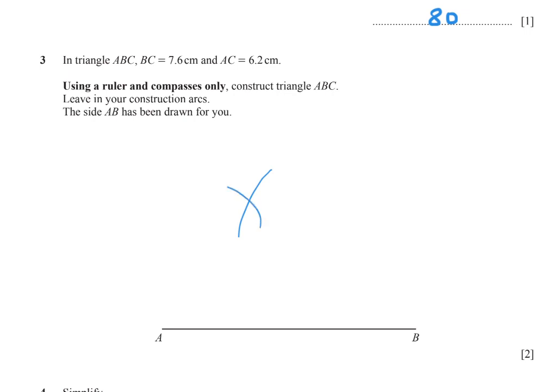The two arcs intersect at point C, then complete the triangle. This is how to draw, but this is not accurate because I don't have compasses in this app. So I'll just explain how to do it. And leave in your arcs.